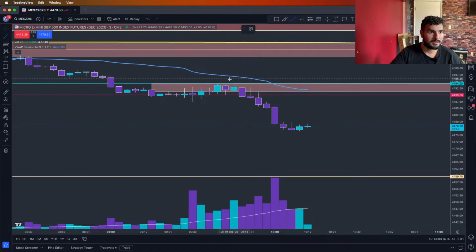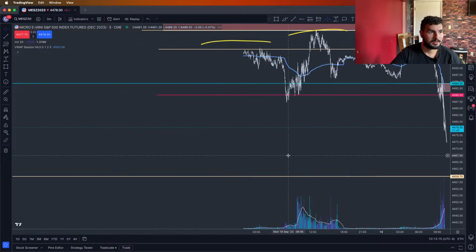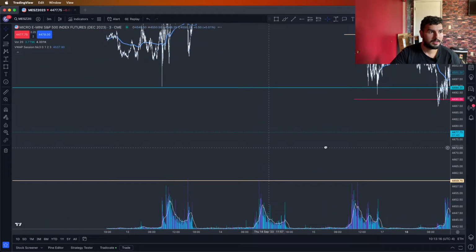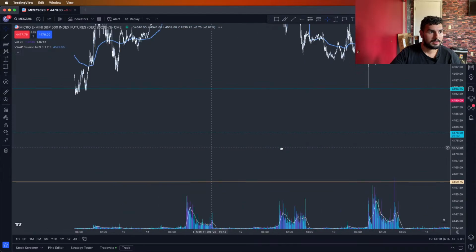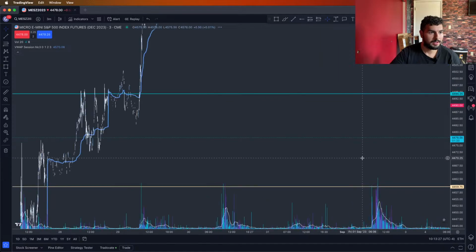I see this downtrend. I see no level support anywhere.